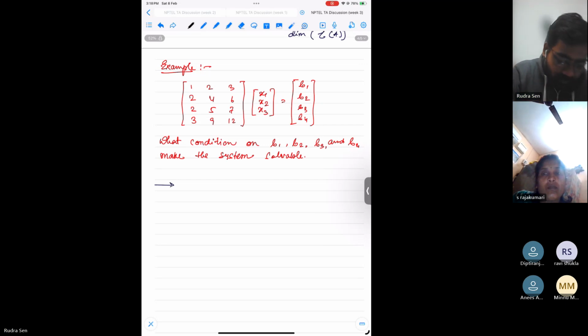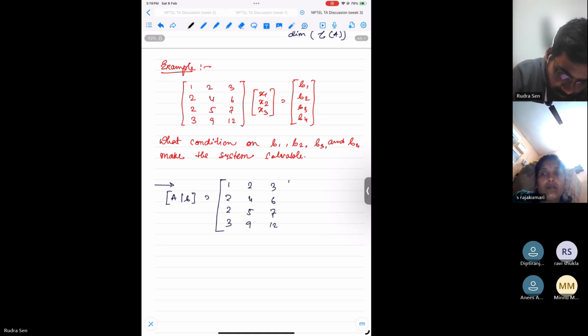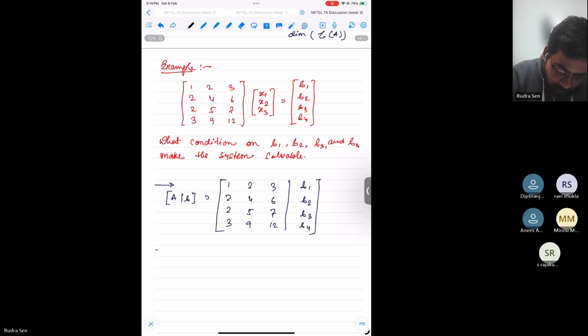First of all, we have to form A augmented with b. This right now is a tall matrix. It's not a fat matrix because the number of equations is more than the number of variables, right?